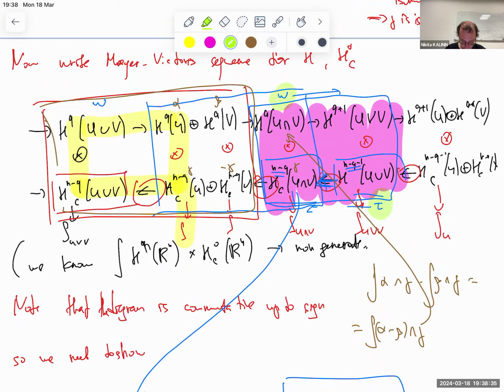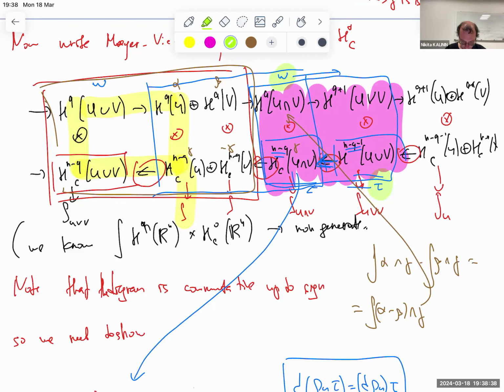Then I try to remember the formulas for the maps here between these cohomologies. Both maps look like we multiply the form by the partition of unity and then take the differential. Right? Since we have a partition of unity, the sum of all functions is 1.